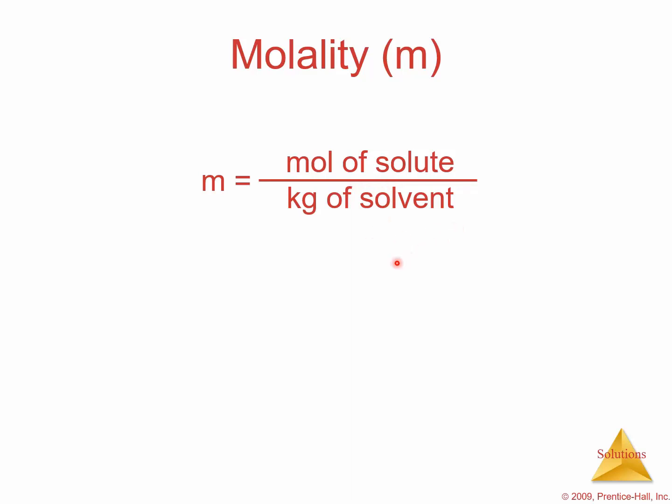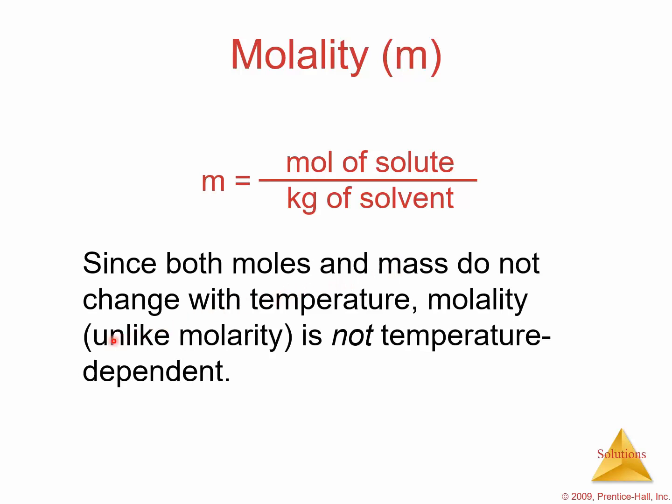Thus, if you form a solution by mixing 0.2 mole of NaOH, 80 gram, and 0.5 kilogram of water, 500 gram, the concentration of the solution is 0.2 divided by 0.5. This equals 0.400 molal. We call it molal in NaOH. Since both moles and mass do not change with temperature, molality, unlike molarity, is not temperature dependent.